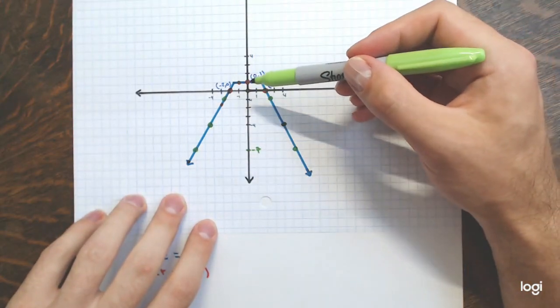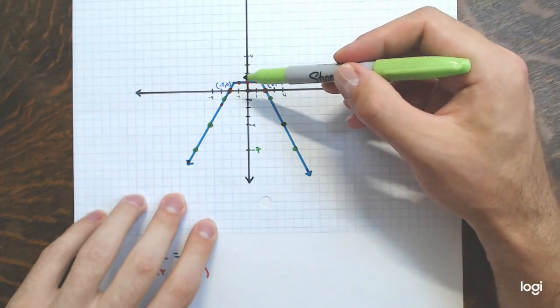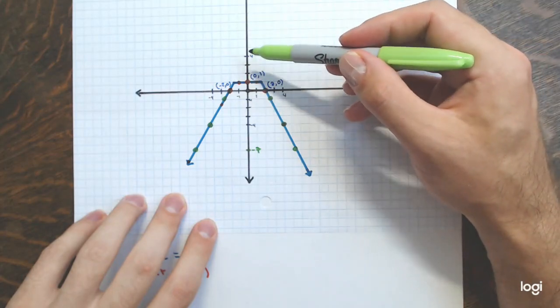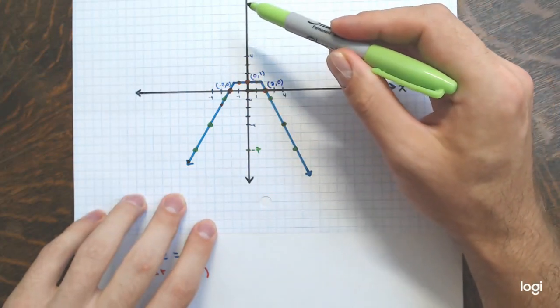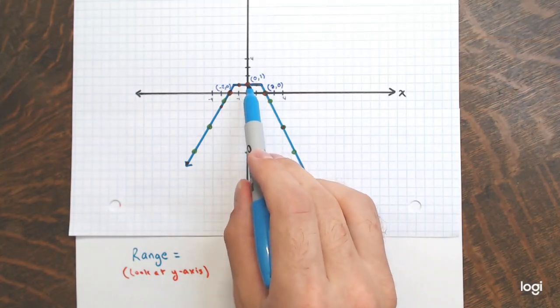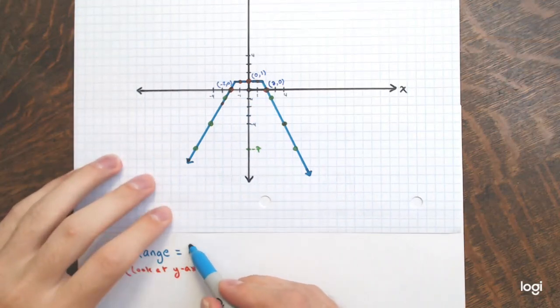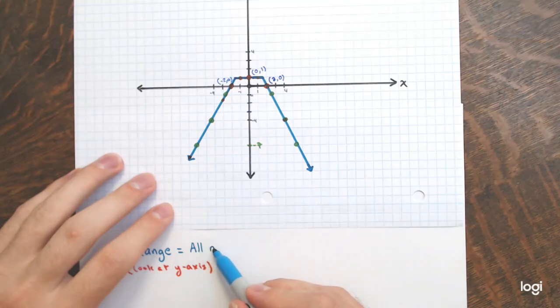But you see how everything above 1, all these y values, are not y values of a point on the graph. Everything above 1, there is no graph up here. So all these values above 1 are not y-coordinates of any points on the graph. They do not belong to the range. So the range here seems to be just all the values 1 or less. And again, I could write that out in words: all real numbers 1 or less.